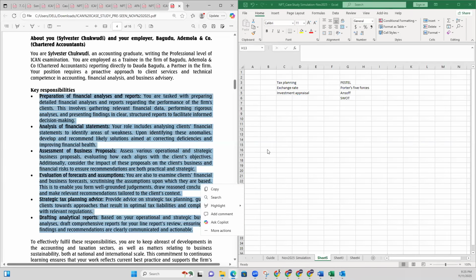Forecasting. Forecast performance or forecasts for what now?